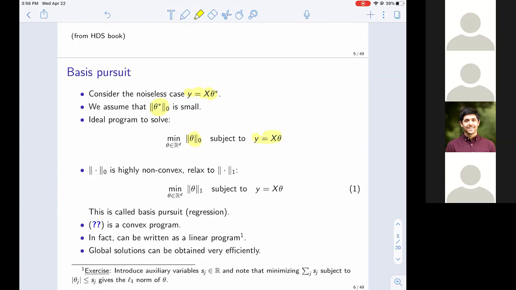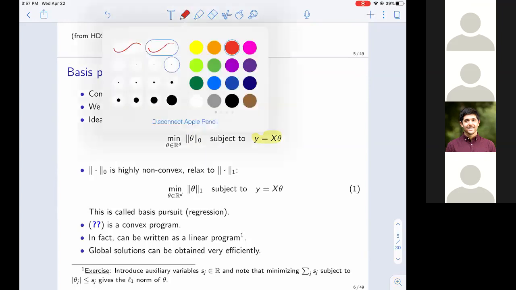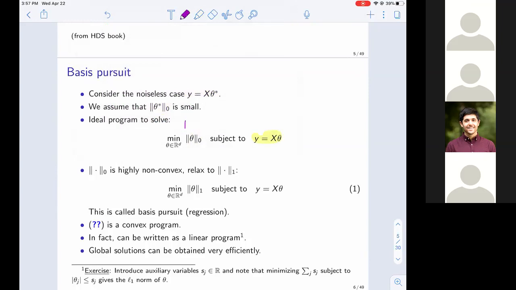If you have seen numerical linear algebra, for an underdetermined system, one way to find a good solution is to minimize the L2 norm, which gives you a unique solution with nice properties. Here we follow the same path, but instead we minimize the L0 norm.